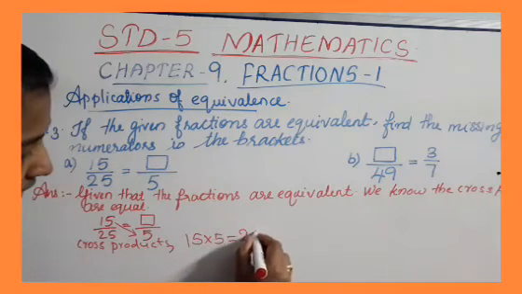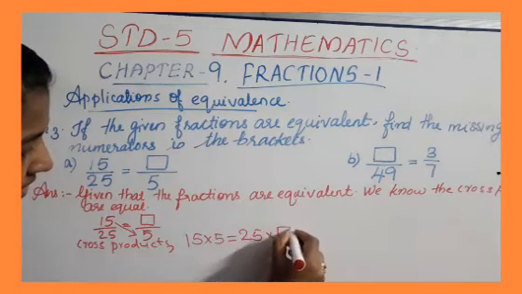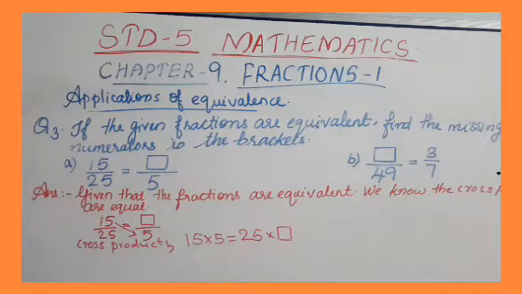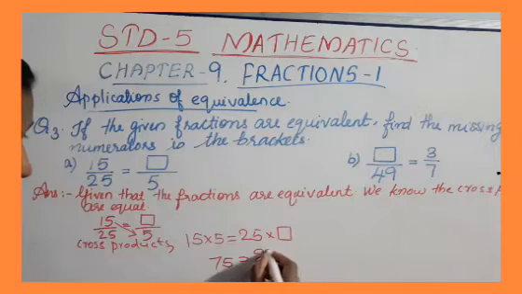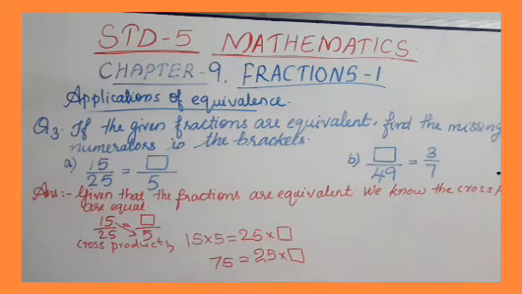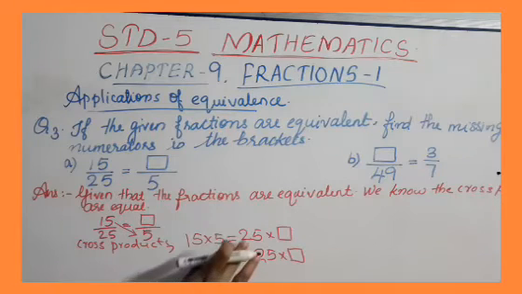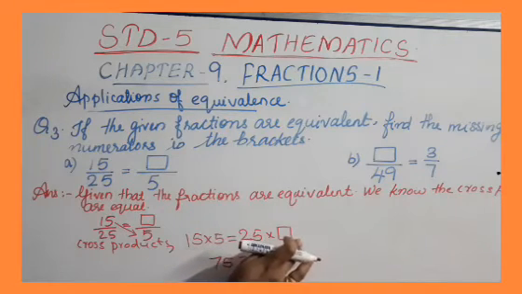Okay, 25 into this missing number. So find out 15 into 5: 5 5s are 25, 5 1s are 5, 25 plus 50 is 75. So 75 is equal to 25 into dash. Okay, 15 into 5 is 75, and here 25 into dash.